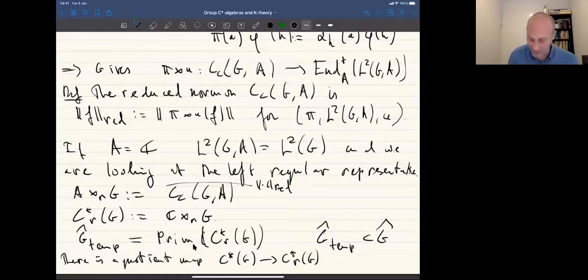And that gets you this inclusion and also the closedness statement. So even though these are completions of the same dense object, there is an ideal floating around that is not visible on the level of compactly supported functions. But when you take these completions, you introduce an extra non-trivial ideal that is related to the tempered dual not being equal to the unitary dual.